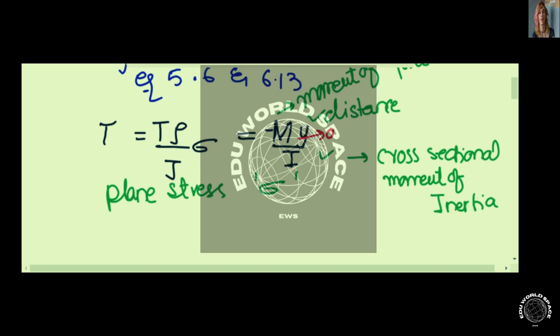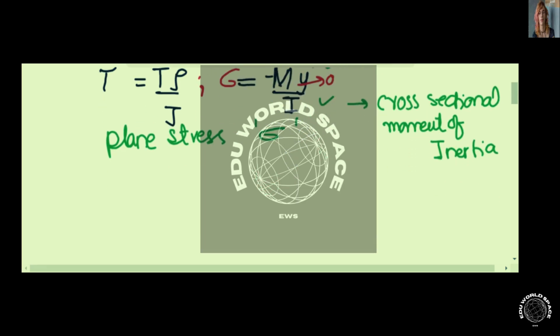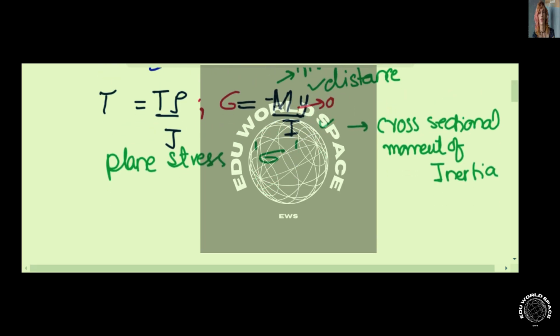Now, if we solve it for sigma, that is the plane stress, we get sigma equal to M times 0 divided by I, and the plane stress is equal to 0.